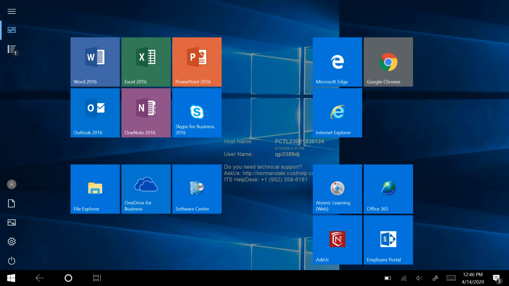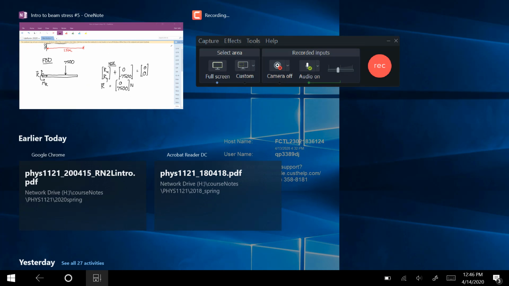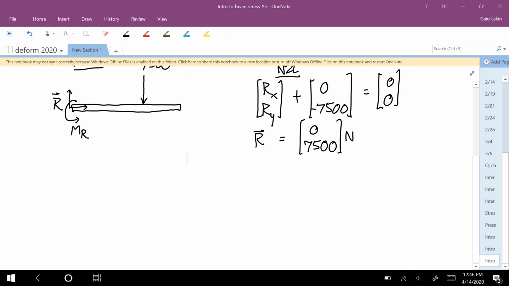And then rotational Newton's second law, the moment equation about the z-axis. I'm going to put my about point at the left end. And so you just have Mr and then a negative moment produced by that 7,500 with a moment arm of 1 meter.